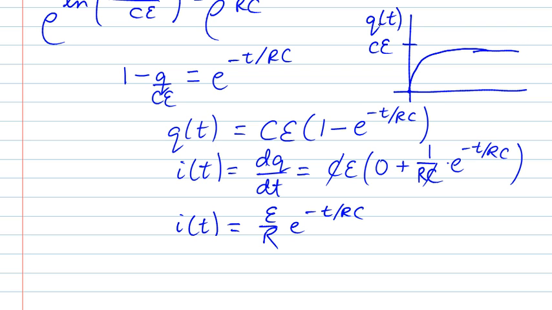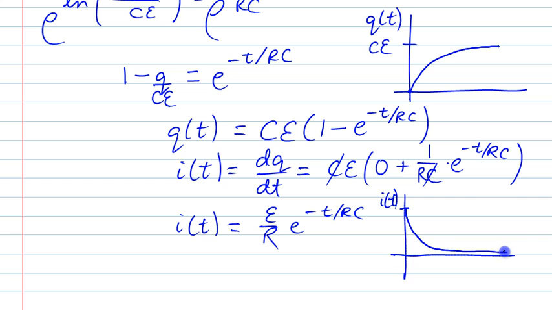Okay, so we're talking about the charge on the capacitor. That's slightly better. And for the current as a function of time, the current in the resistor will start at some value and decrease rapidly.